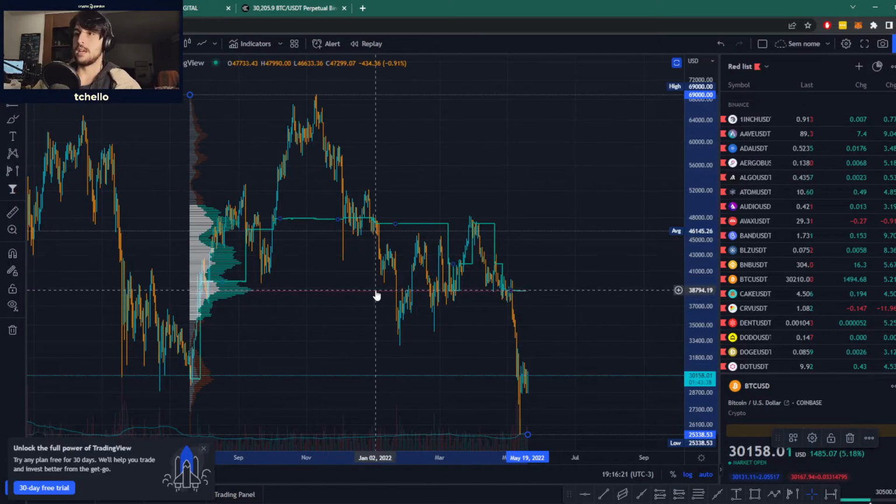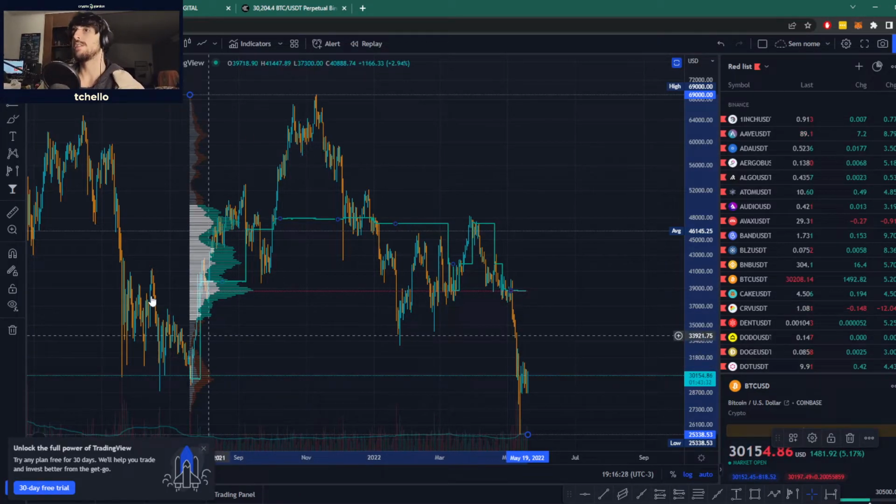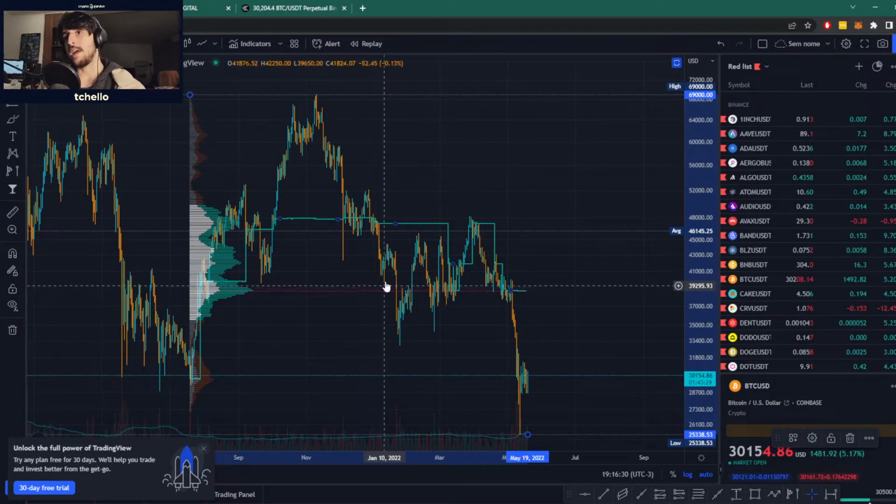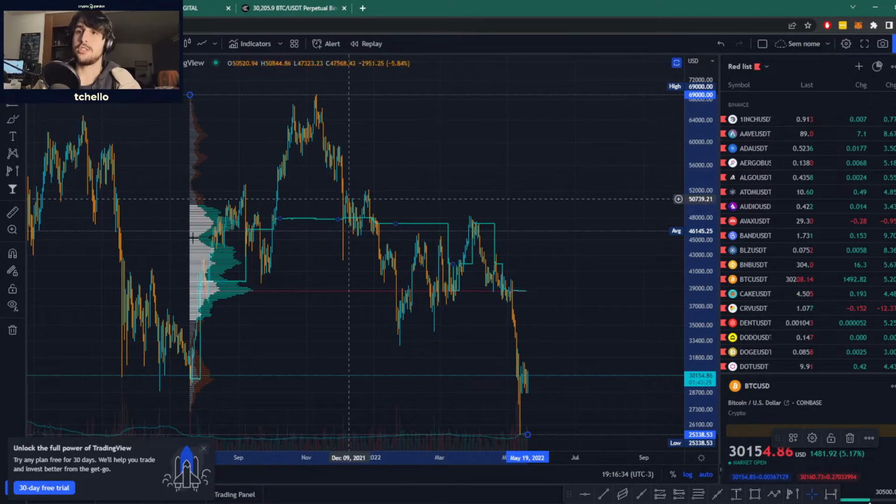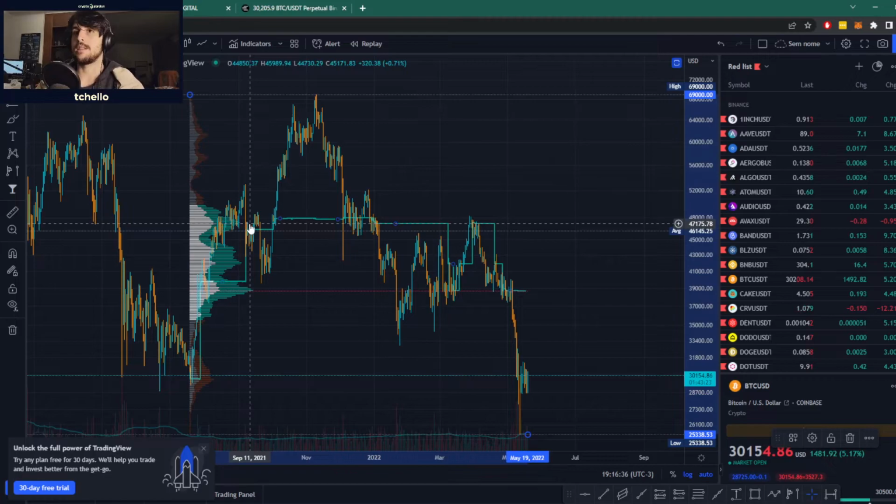Now, first, what I like about this is that it provides us with some key support and resistance levels, all right? However, one thing that I should note is that I don't want to get too much into volume profiles here because analysis of volume profiles can be really complicated, and we're going to get to this in the Wyckoff 2.0 course, all right?